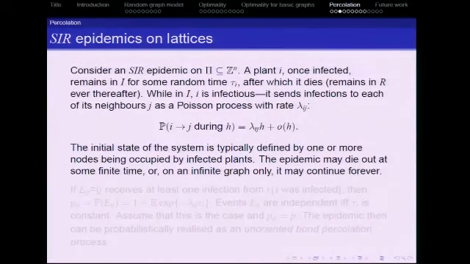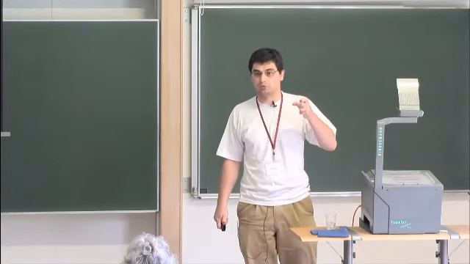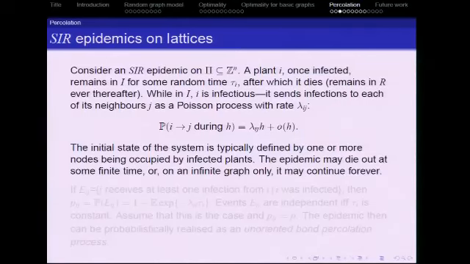Now we use percolation because there is a connection between an SIR epidemic with constant lifetimes, infectious times of sick plants. We use this connection, and we do mean an SIR epidemic, but we talk about percolation. And the connection is this.